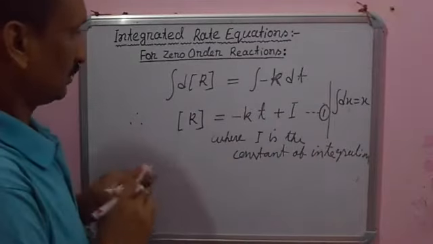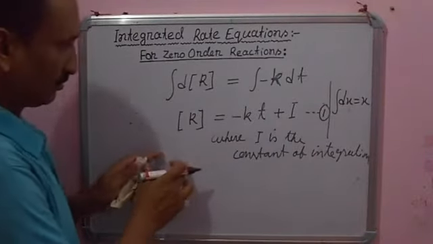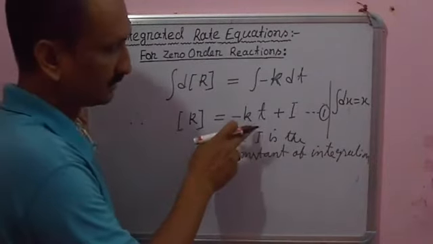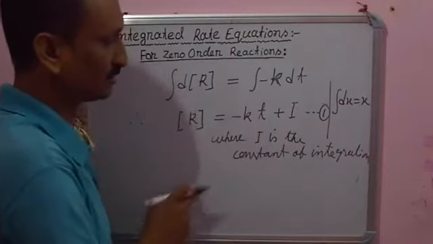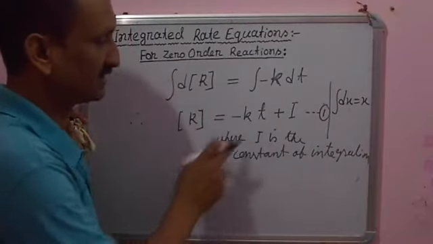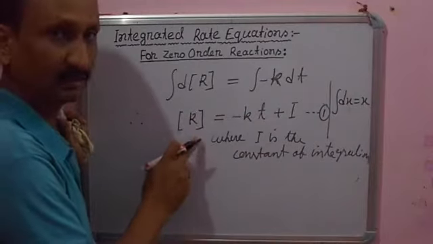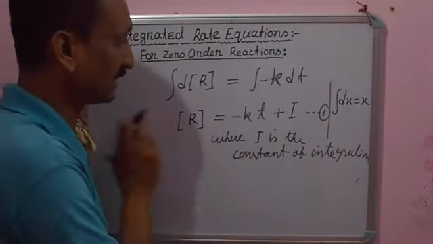Now whenever t is equal to 0, that means just at the starting of the reaction or just before the reaction, the concentration of the reactant will be the initial concentration of the reactant.